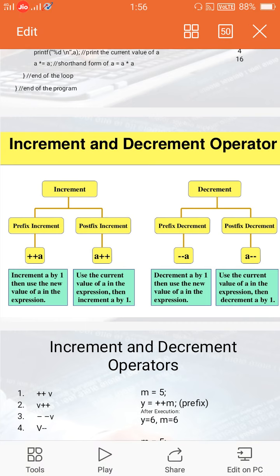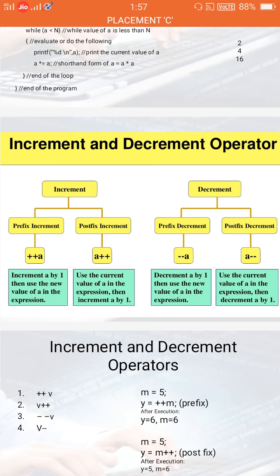Same for decrement also. Minus minus a is the pre-decrement operator, so first decrement the value and then assign the value. Post-decrement means first assign the value and then decrement the value. Like this the increment and decrement operators work. The increment and decrement is by 1 only.